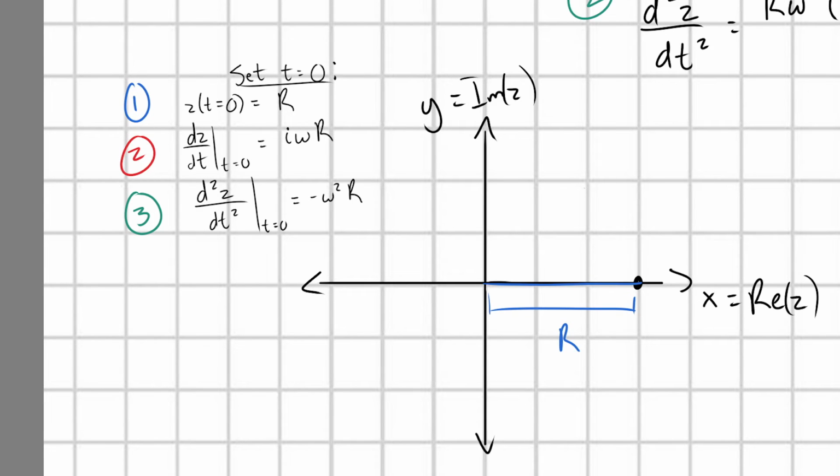So my velocity is perpendicular to my initial position, because it's purely imaginary, so it's purely upward, and it has a size of omega times r.